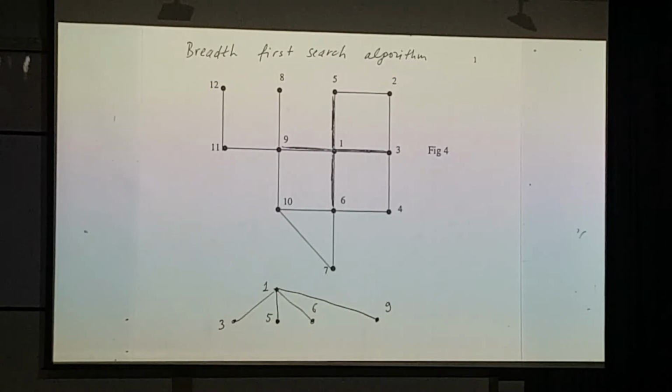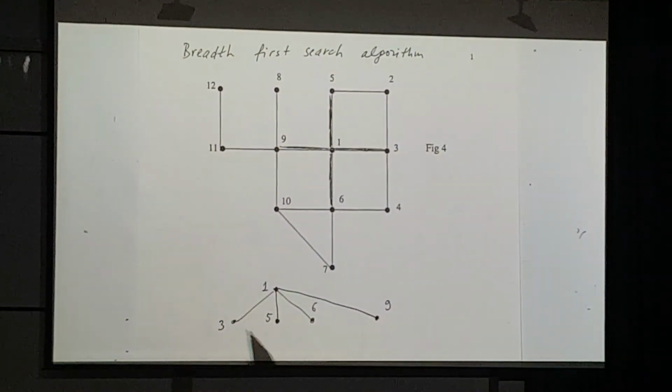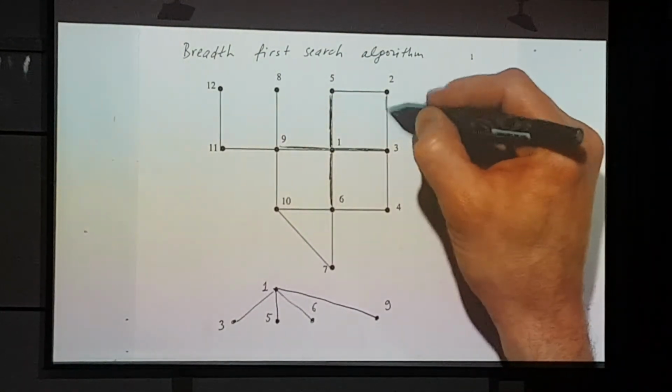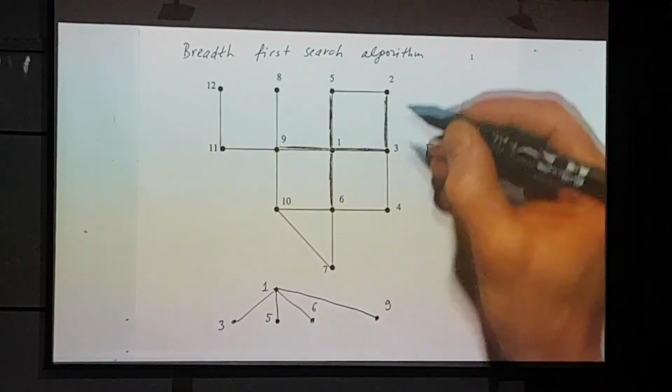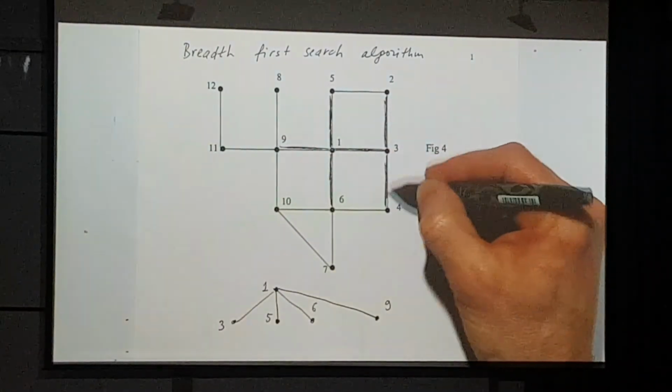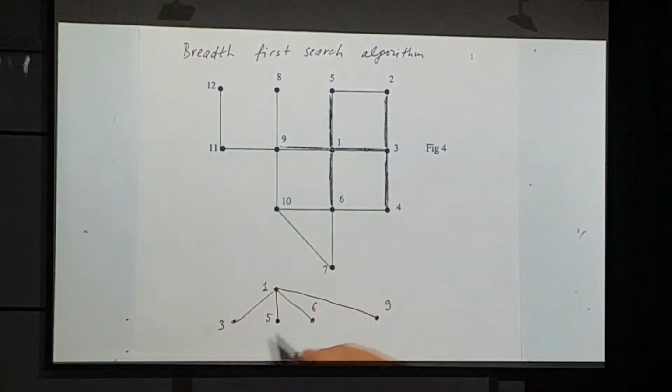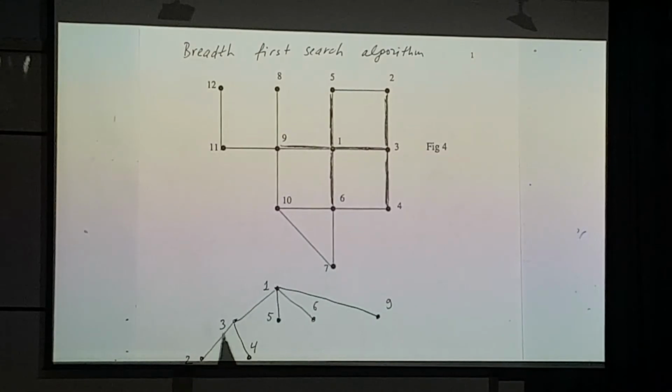And now I start adding level 2 vertices. And I'll start adding them with vertex 3, because that has the smallest label. So to 3 I can add 2 and 4. So I'm done. I cannot add anything more to 3, so I go next to 5.